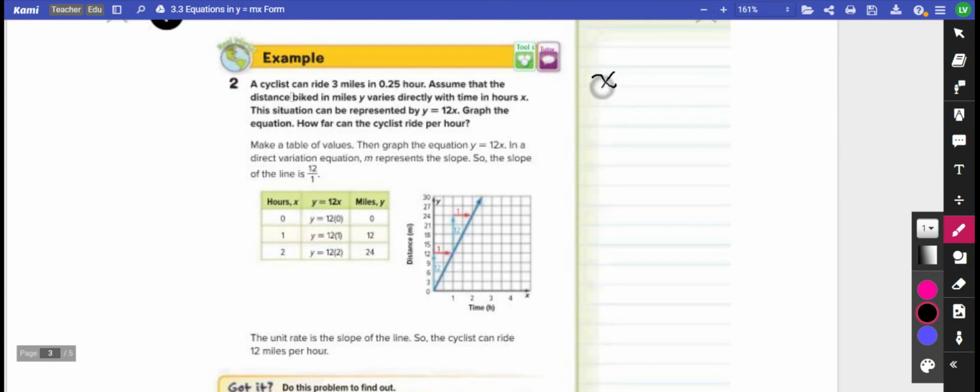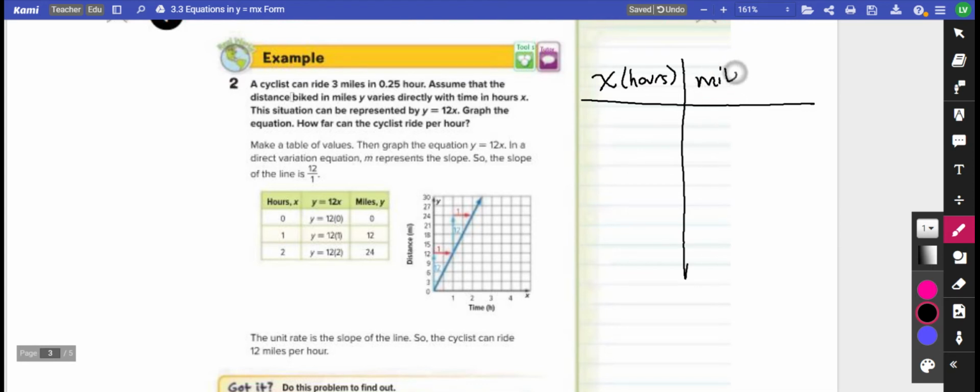So I'm going to make x, which is going to be represented by hours, and then we're going to have miles, which is y. And I'm going to put the equation y equals 12x to the right.